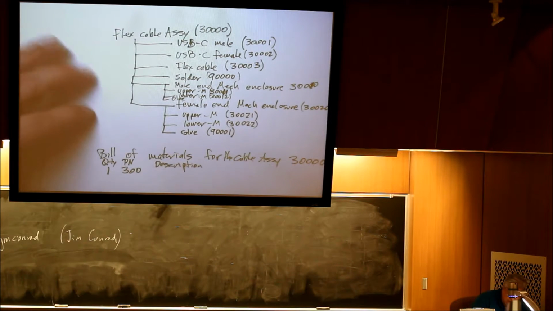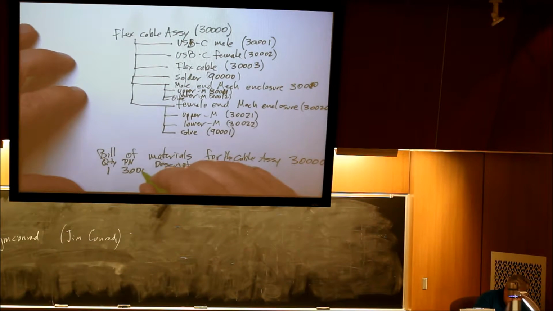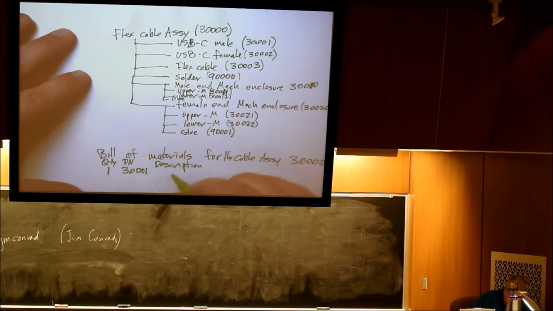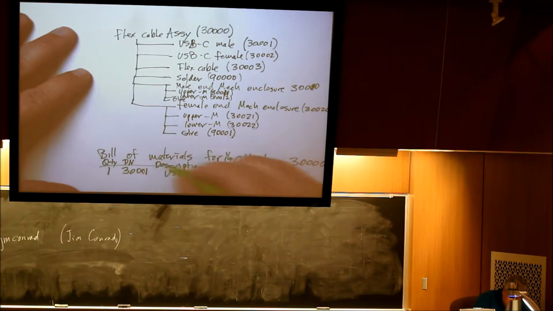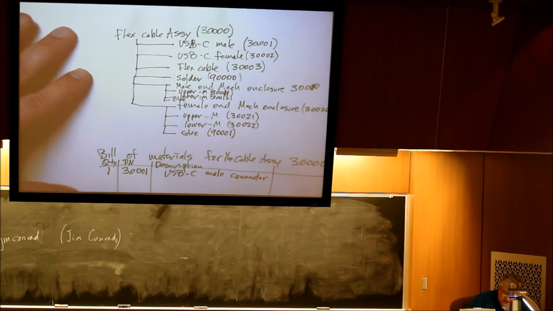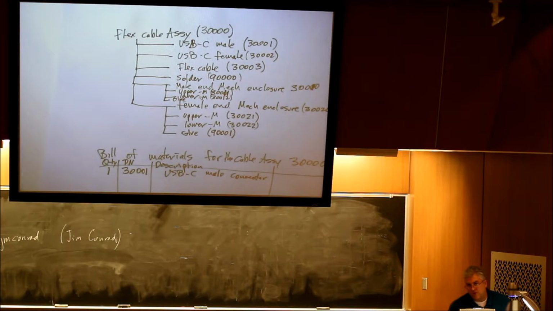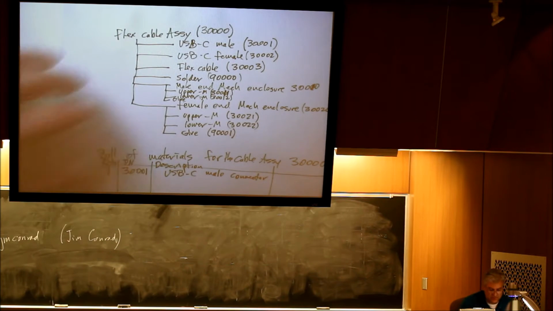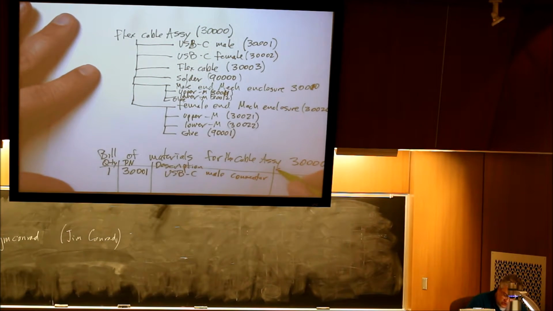So we're going to need one, part number 30001. This is the USB-C male connector. And then this is where it also gets interesting, is that you need to identify where you get this from and what their part number is. So this could be source and their part number.